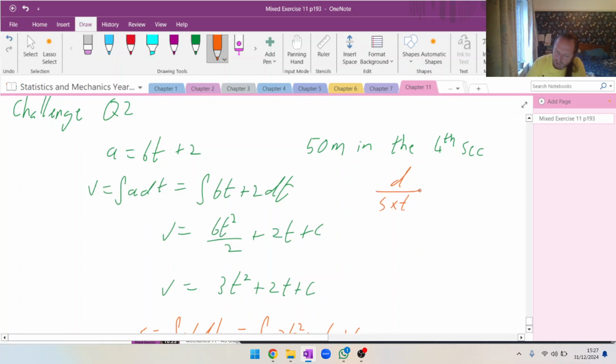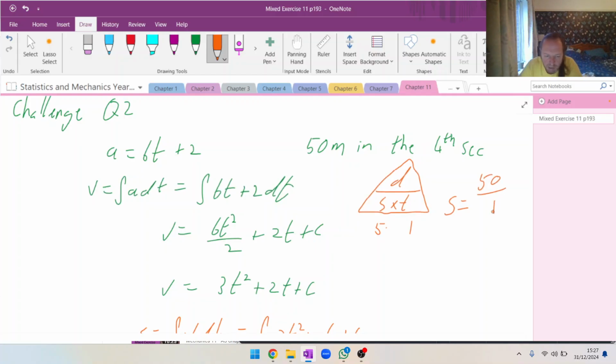Using a DST triangle, we have done a distance of 50 in 1 second, so speed is 50 over 1, but that's with variable acceleration, so we can't use that and need to ignore it. Maybe we could do suvat on it. Let's have a think.